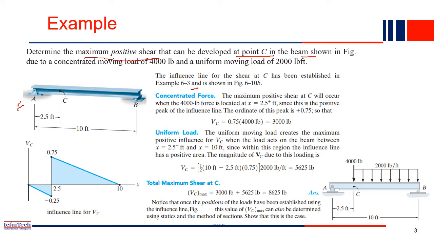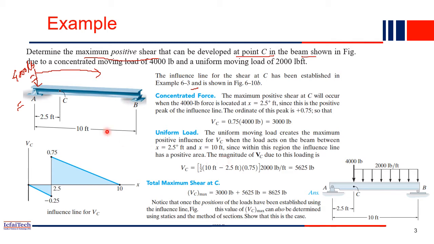So let's consider first the concentrated load moving. The concentrated load's magnitude is given as 4,000 pounds, right? It is moving in this direction. So in which location of this concentrated load will you get the maximum shear force at C?